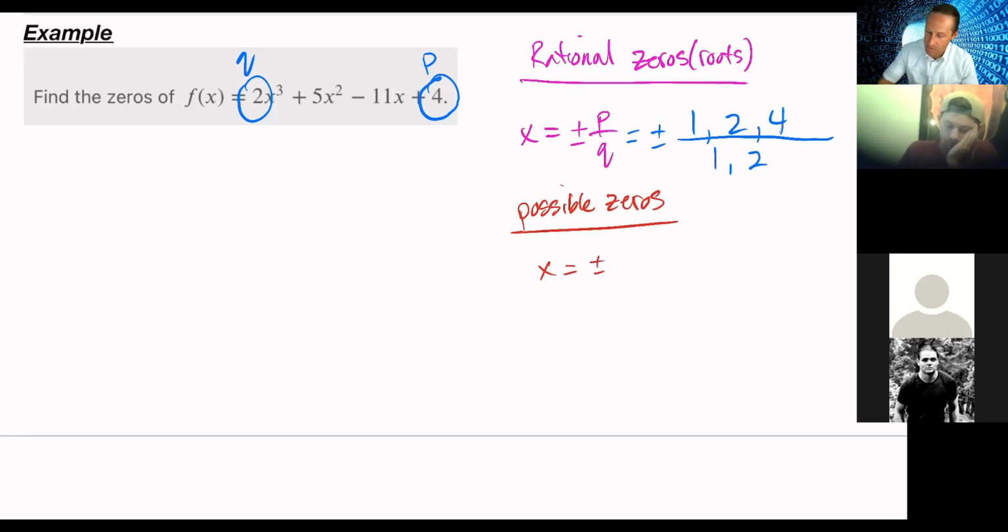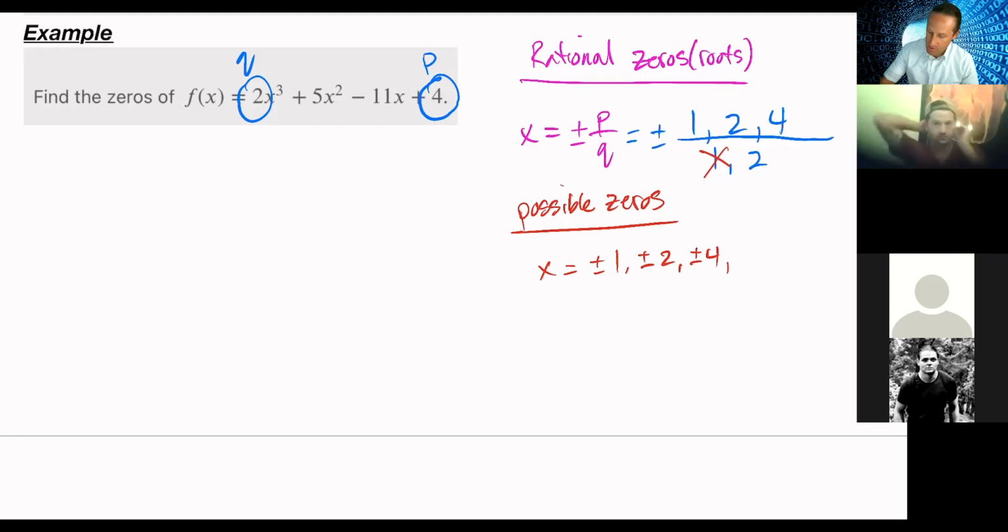All I'm going to do is I'm going to start with this, this, and this over 1. I'm just going to do one at a time. So plus or minus 1, plus or minus 2, plus or minus 4. Now I got that taken care of. Everybody okay there? Taking these and dividing it by that option. And now I'm going to do it by that option.